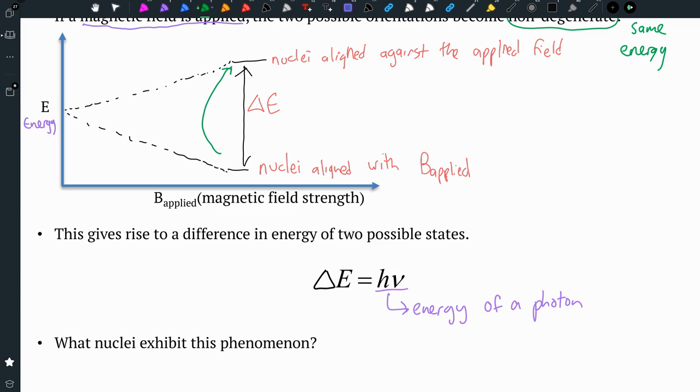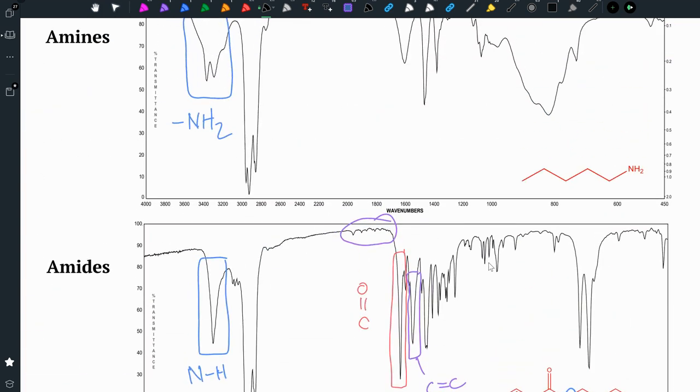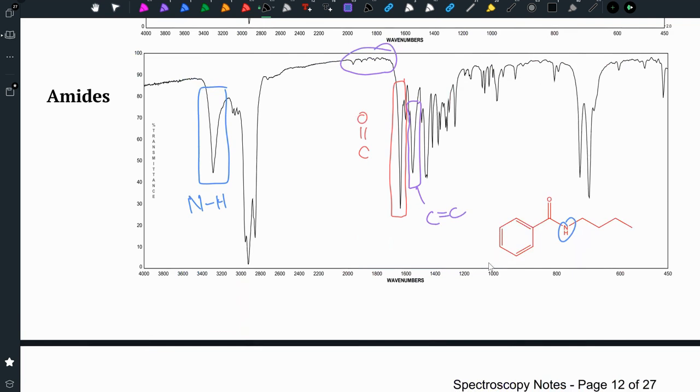So you can have a nucleus absorb a photon and jump from the lower energy to the higher energy. So just like IR, we were seeing which bonds would absorb infrared light and use that energy to go to a higher vibrational energy.